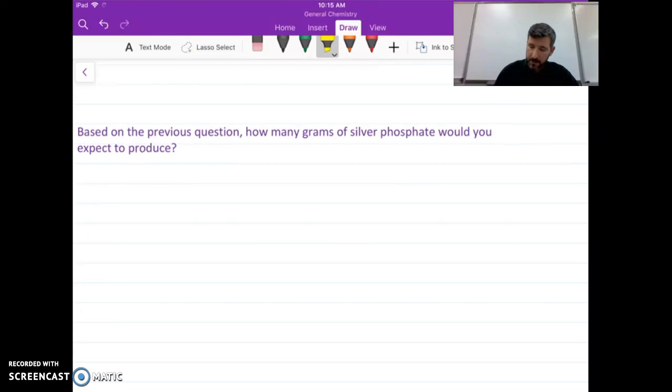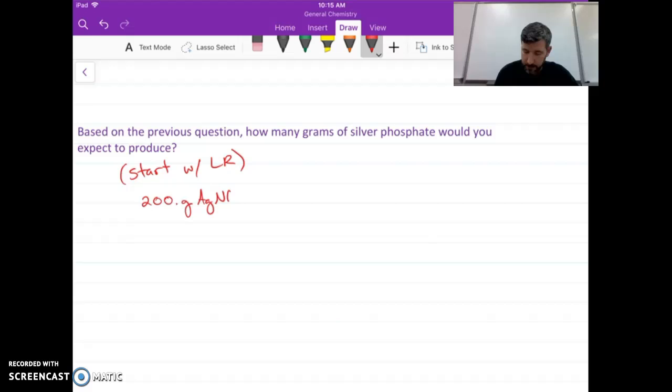Again, I start with my limiting. So I'm going to make that so you have this in your notes. Start with LR. So 200 grams of silver nitrate was my limiting. I just decided that. And I have to take that to grams of my product, my silver phosphate. So go ahead and set the problem up.